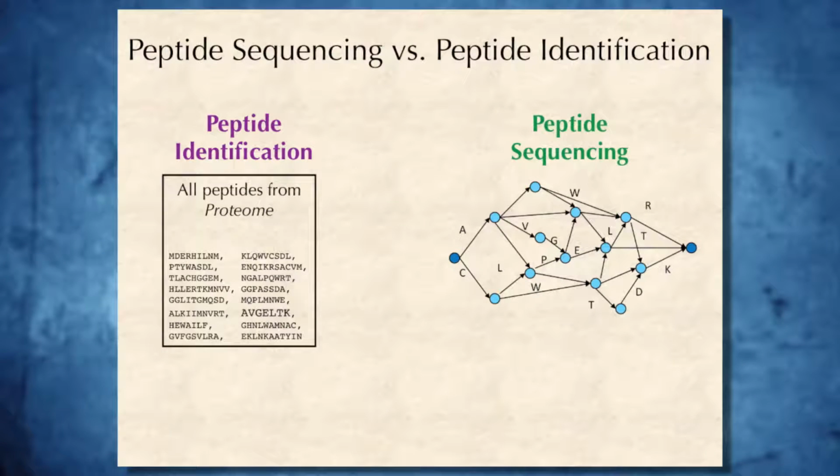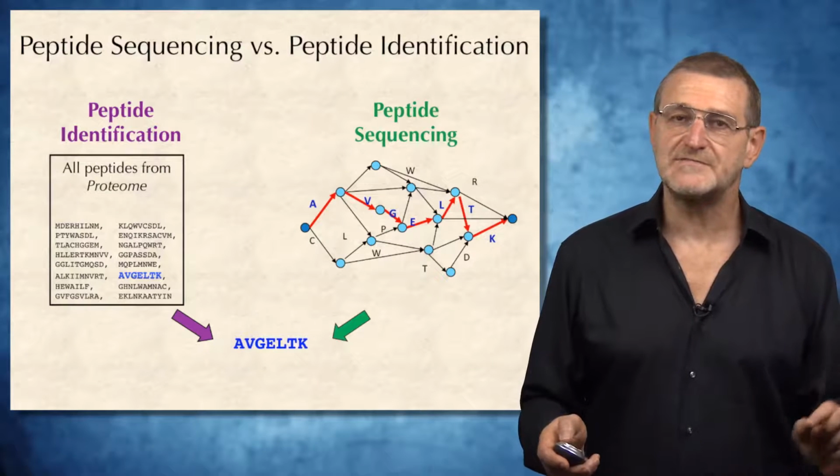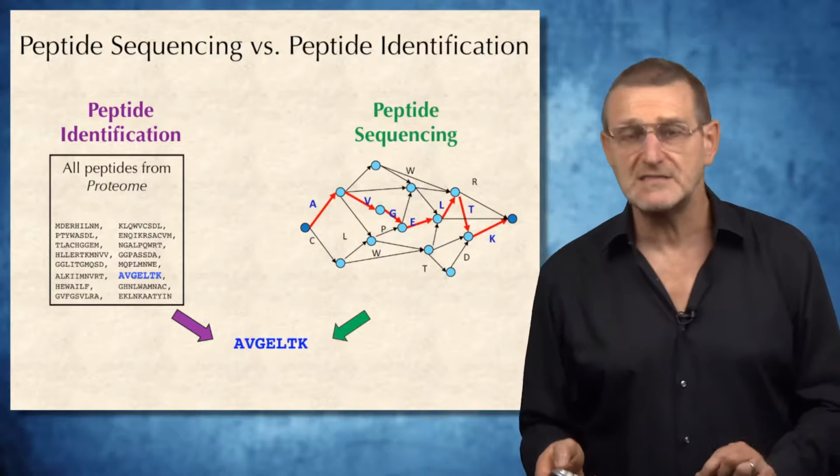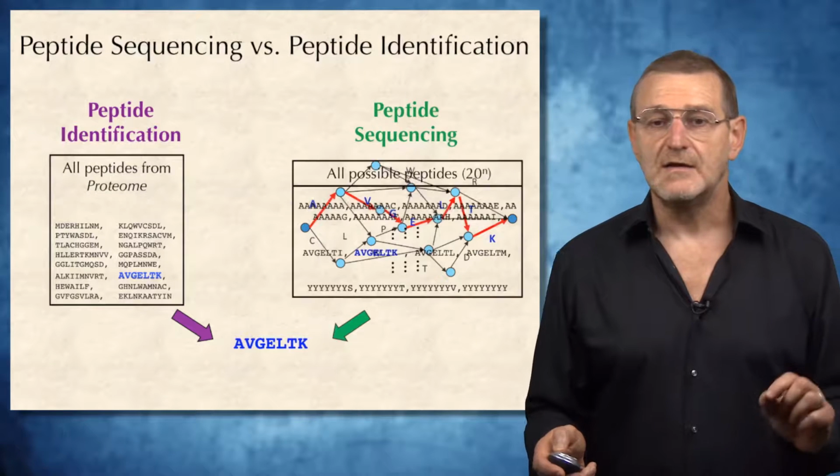If you compare peptide sequencing with peptide identification, you will find something quite surprising. As we saw in peptide sequencing, we find the best scoring peptide as simply the longest path in the constructed DAG. On the other hand, in peptide identification, we find the solution by simply finding the highest scoring peptide in the proteome. Hopefully, these two solutions will result in the same peptide, but it is often not the case.